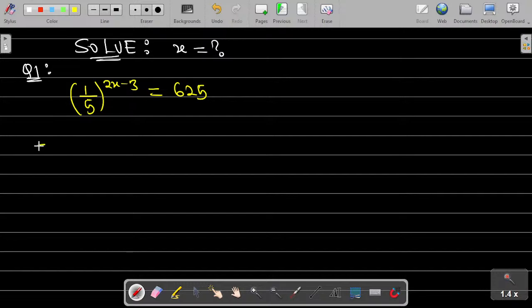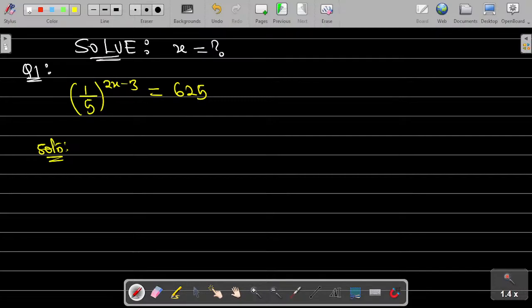All right, so solution. What we are expected to do here, like I said earlier, is to see if it is possible to make the two parts of the equation have the same base. And of course, yes, we can write this in base 5, and we can also write this in base 5.